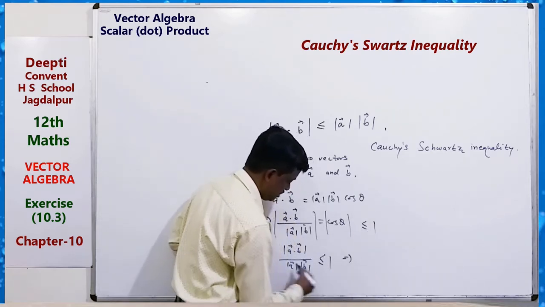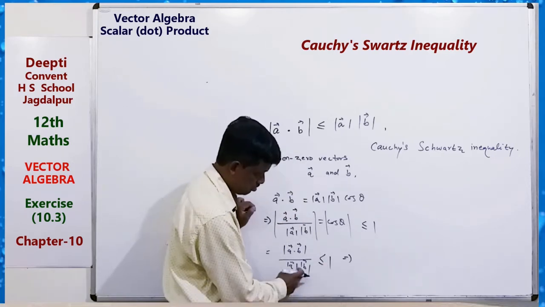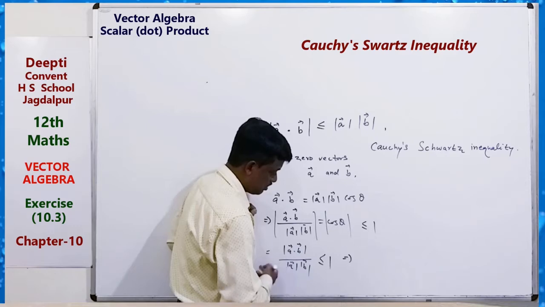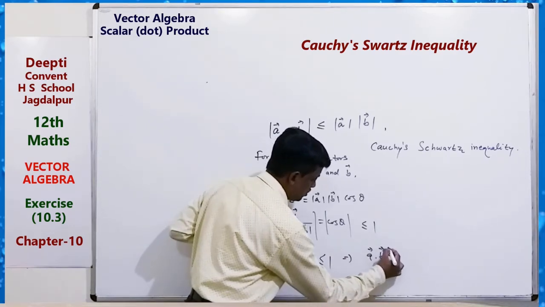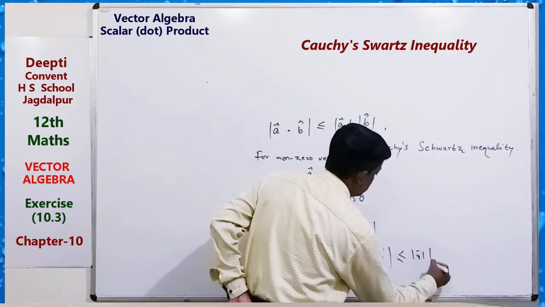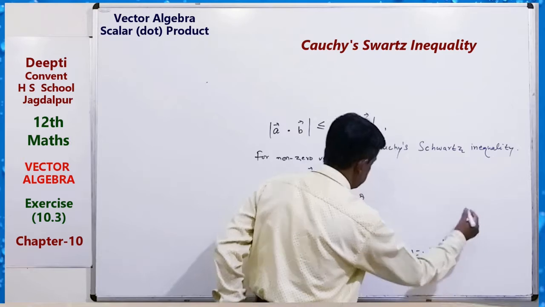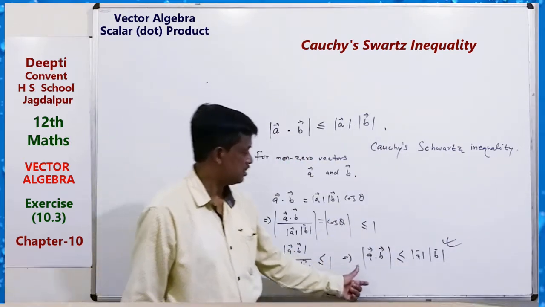So from here, since this is a non-zero number, we can multiply on both sides. It will give modulus of A dot B is less than or equal to modulus of A modulus of B. This is the Schwarz inequality. Okay, this is also a very important topic.